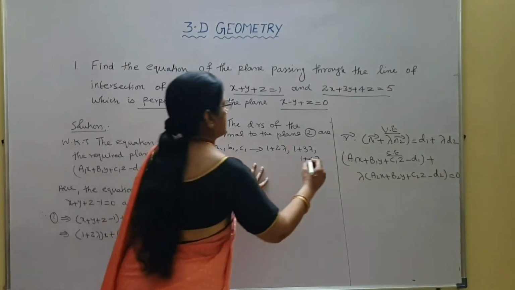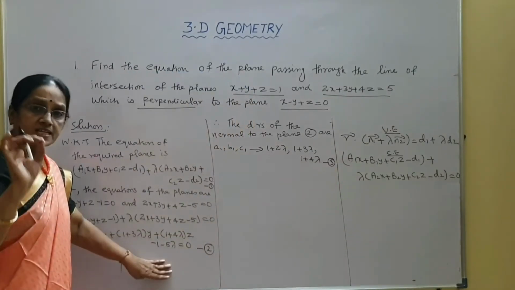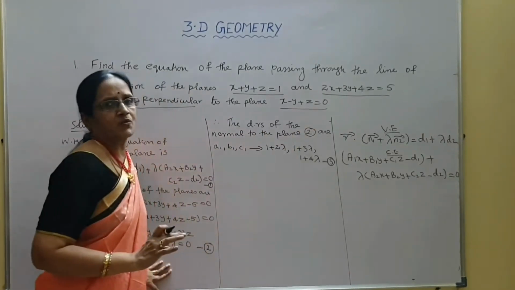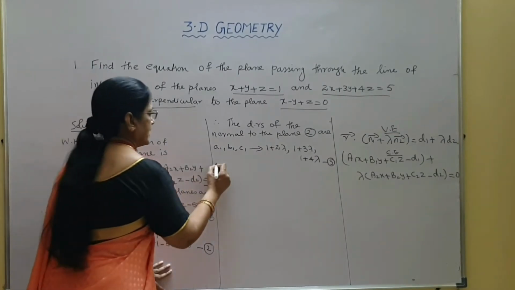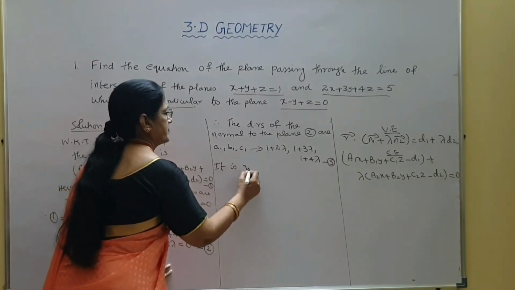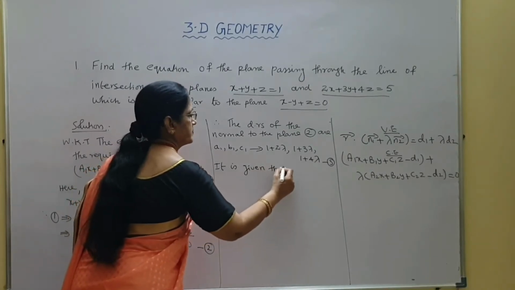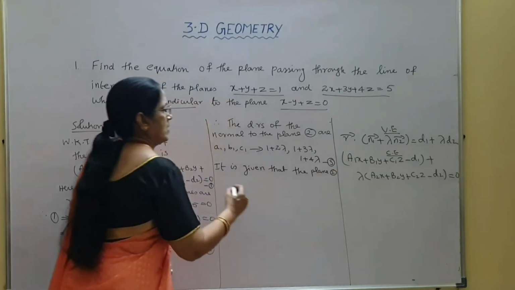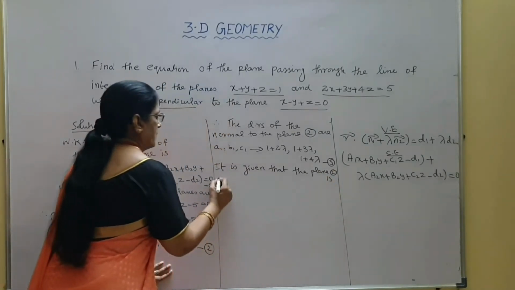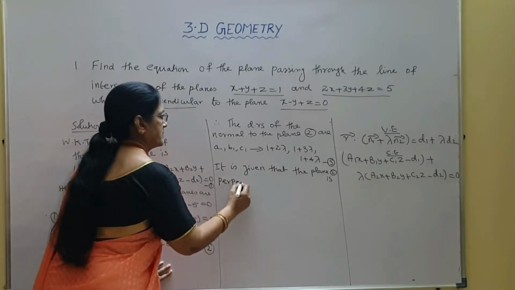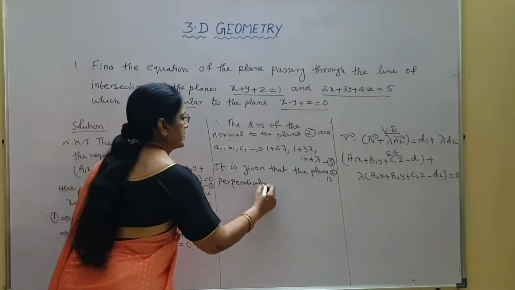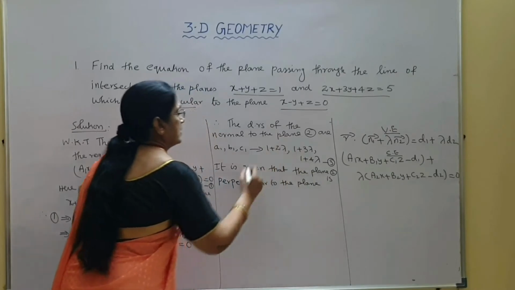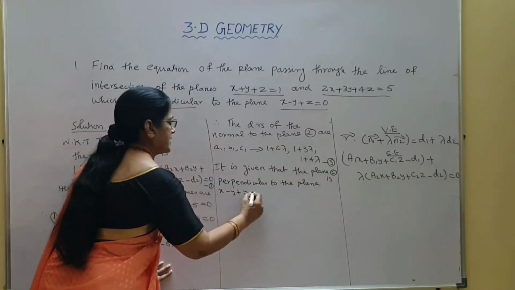Let me name this as 3. This plane 2 is perpendicular to the plane x minus y plus z equal to 0. So, it is given that the plane 2 is perpendicular to the plane x minus y plus z equal to 0.